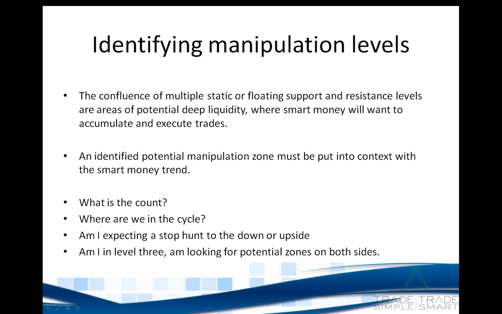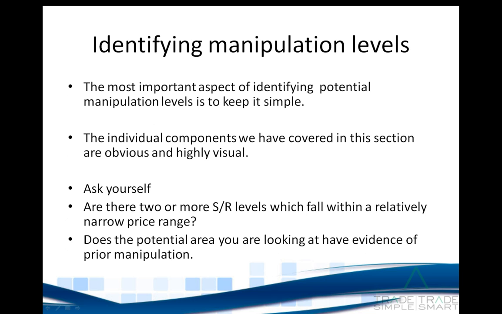overall smart money trend. So the most important aspect of identifying potential manipulation levels is to keep it simple, and that is probably the most important point in the whole of this section. Many people like to overcomplicate the process. It's very simple. Once you've plotted your technical levels, either they are aligning or they are not.